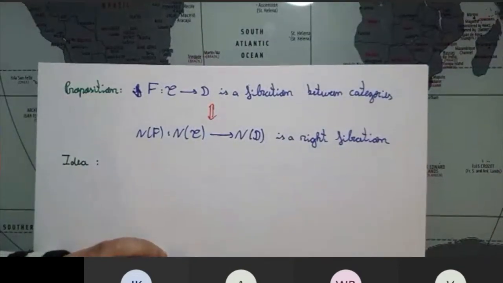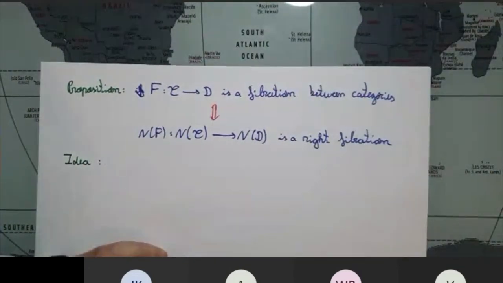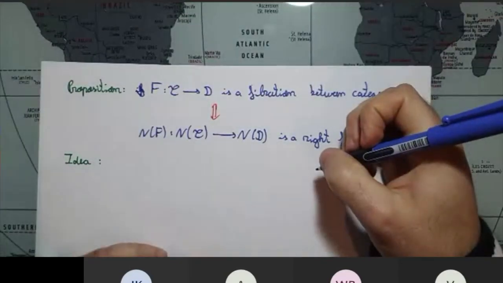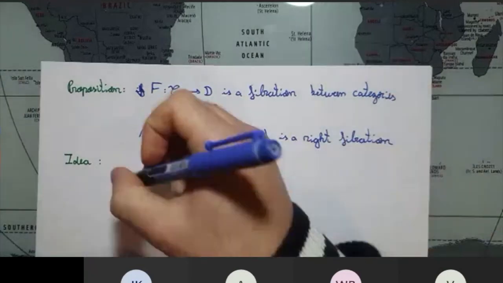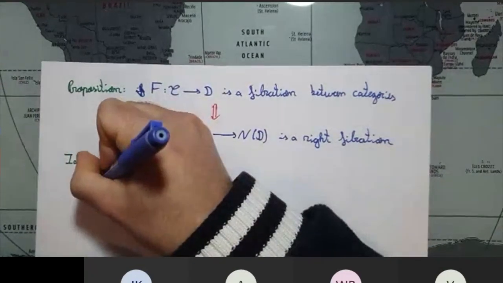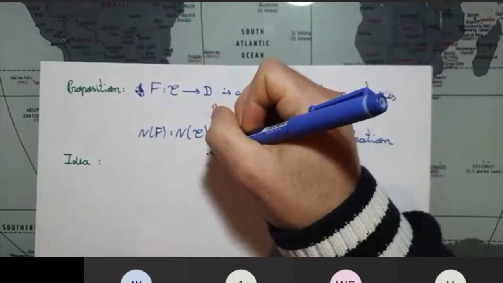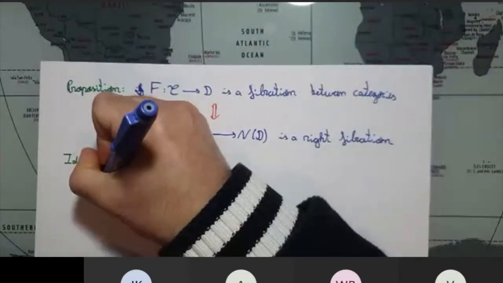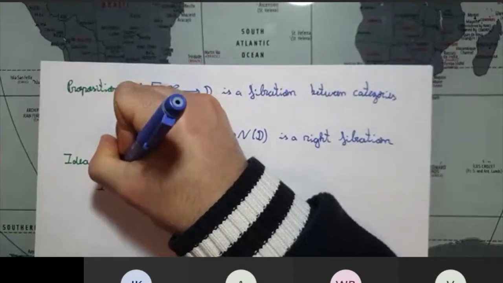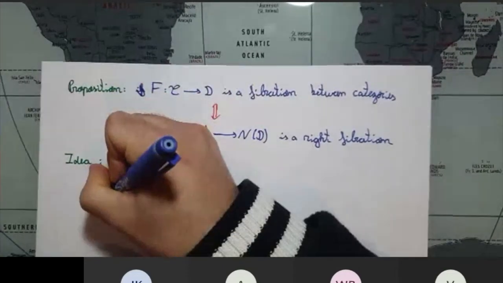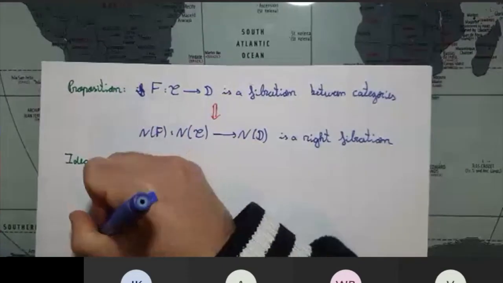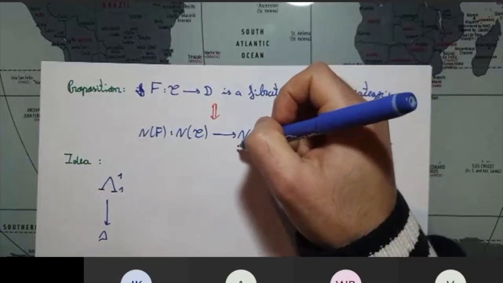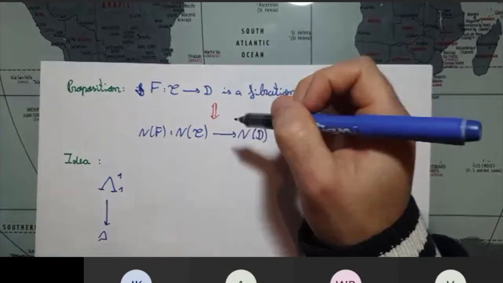And so the idea is the following. If it is a right fibration, then all the top horns can be filled. So because these are categories, it is already an inner fibration.